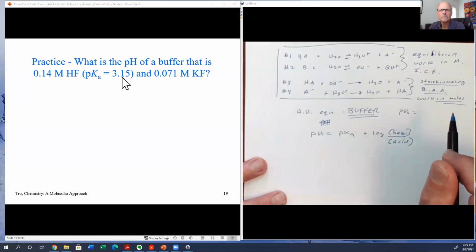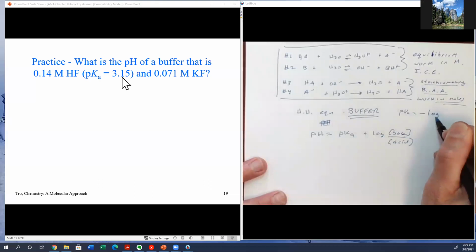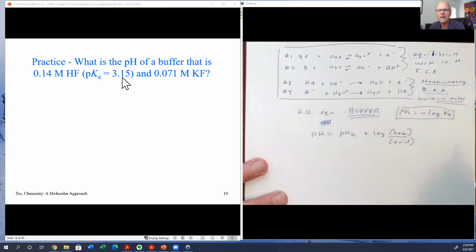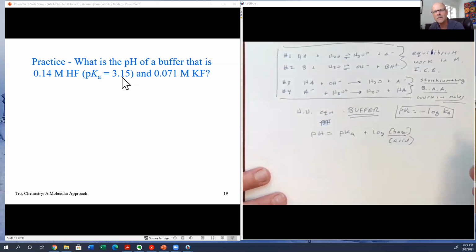The negative log of that? Correct. Minus the log of Ka. Remember that? P anything is minus the log of that thing. pH is minus the log of the H plus concentration. pOH is minus the log of the OH minus concentration. pKa is minus the log of Ka. pKb is minus the log of Kb. And whatever is minus the log of whatever. Okay?